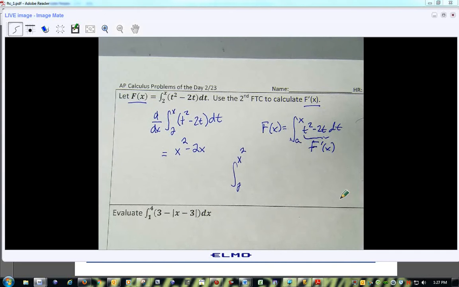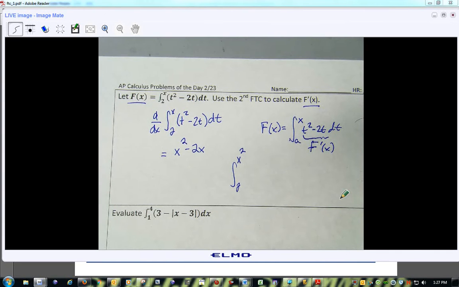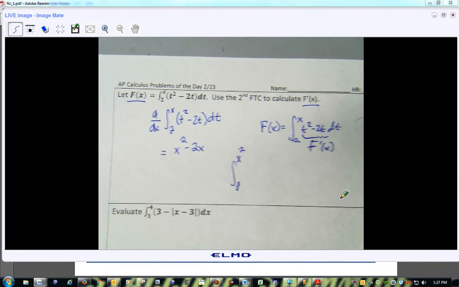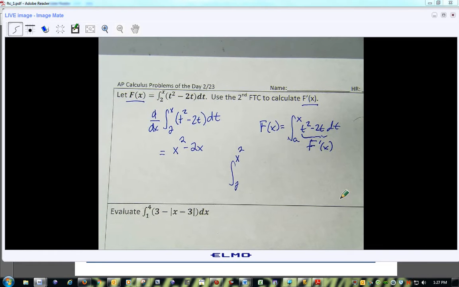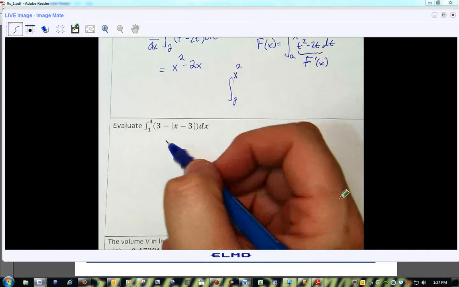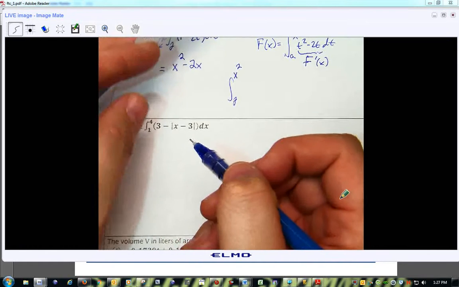Don't make it harder than it is. You'll get a problem like this where you have to take the derivative of an integral, and it's just a replacement and you're gone. It's a drive-by calculus problem. You just drive by it and do it and get it done with.